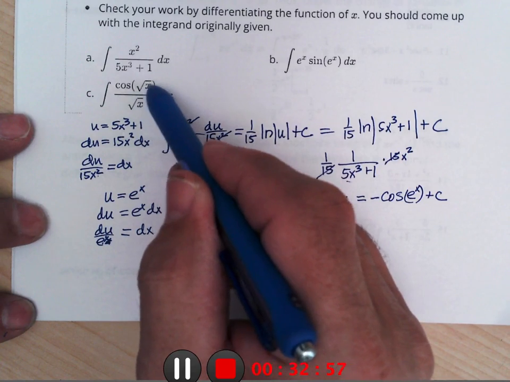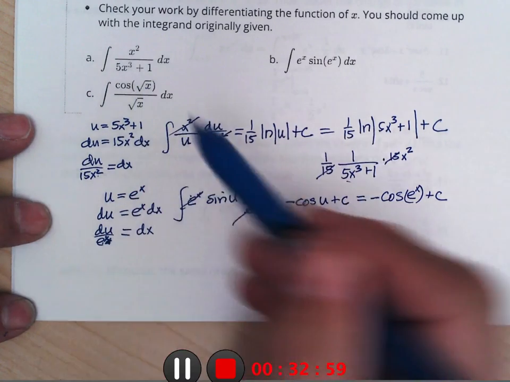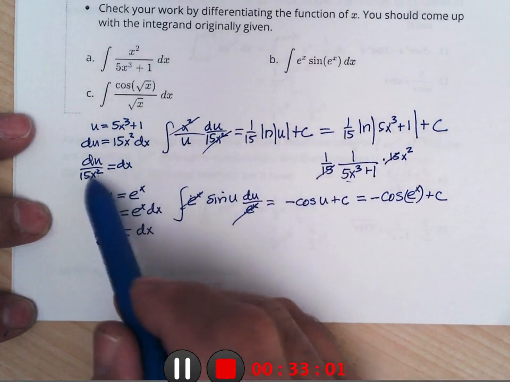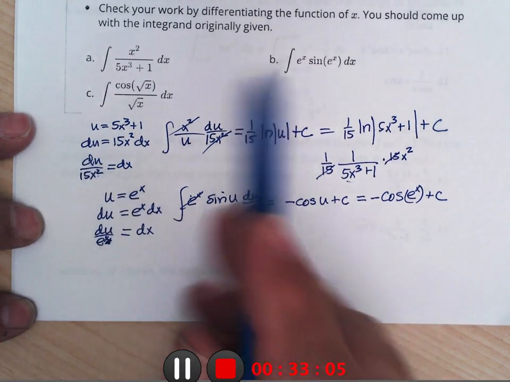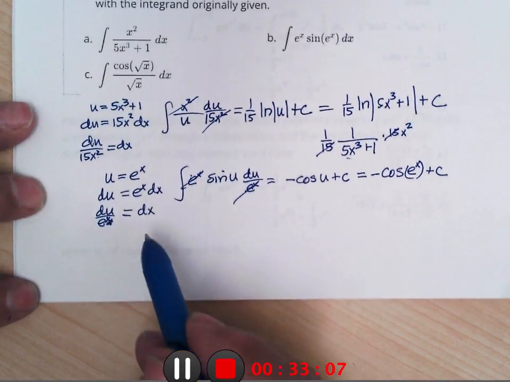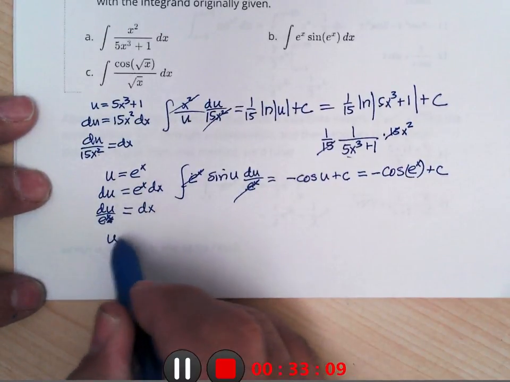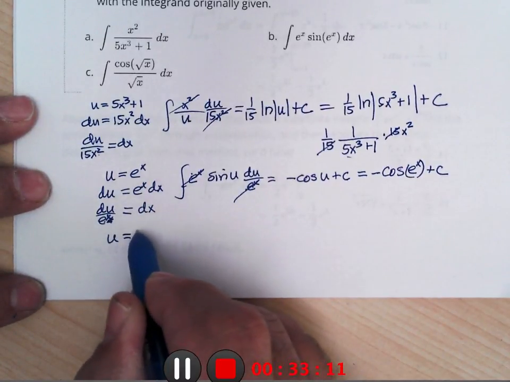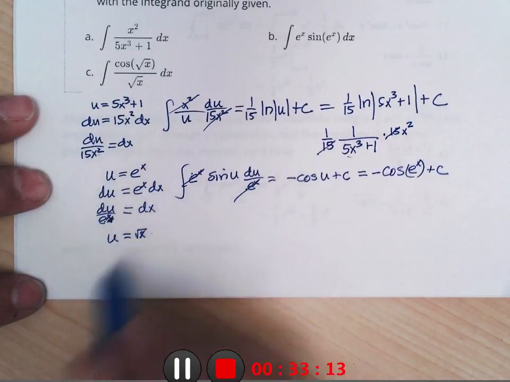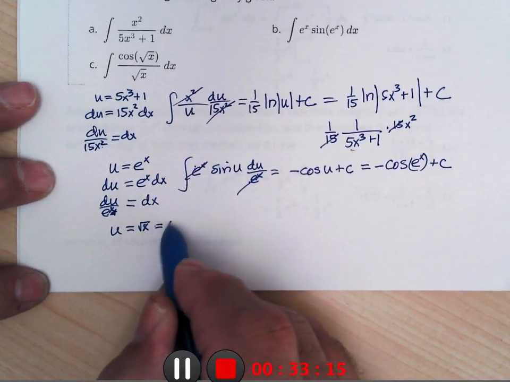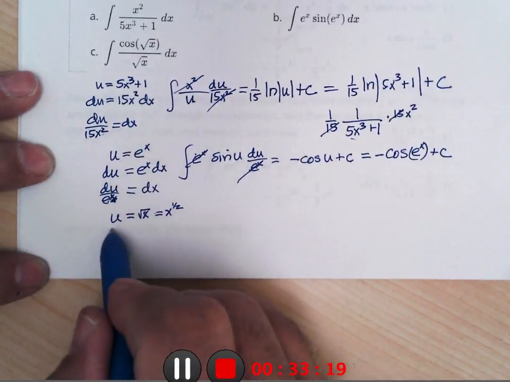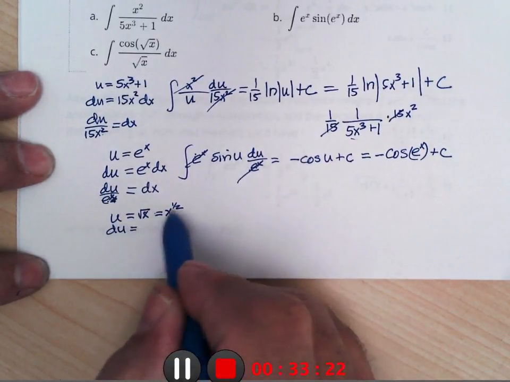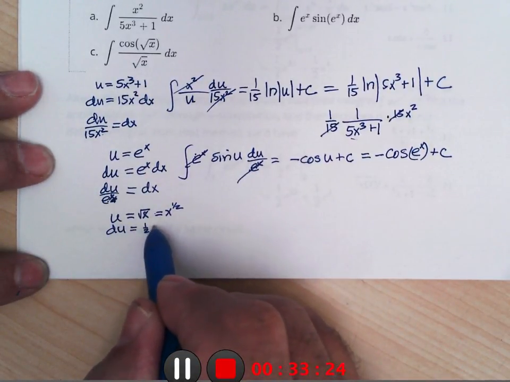Now the square root is one where, as most of these have been, something in the denominator will cancel something in the numerator. Watch what happens when we let u be the square root of x, which is x to the 1/2. So du is 1/2 x to the minus 1/2.